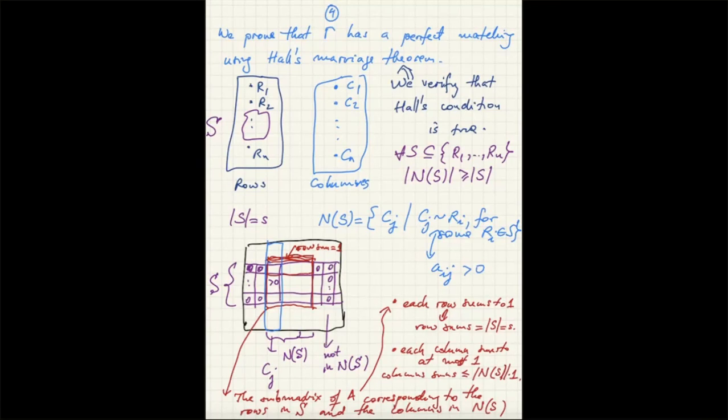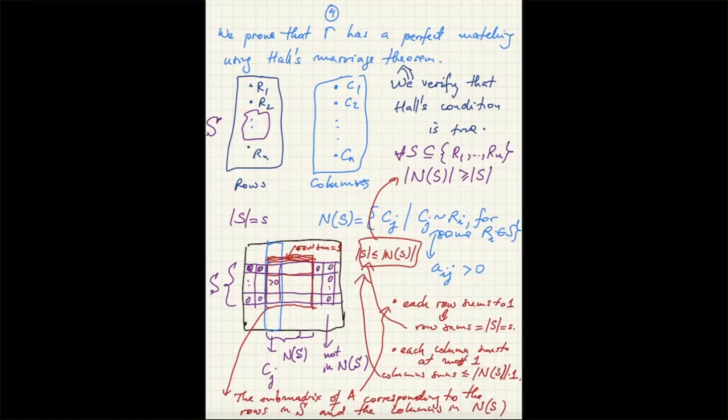So if you put these two things together, the sum of all the entries in the matrix is both the row sums and the column sums. That gives us that the cardinality of S is less than or equal to the cardinality of the neighborhood of S. So that means that Hall's condition is satisfied, and that means that the graph has a perfect matching.